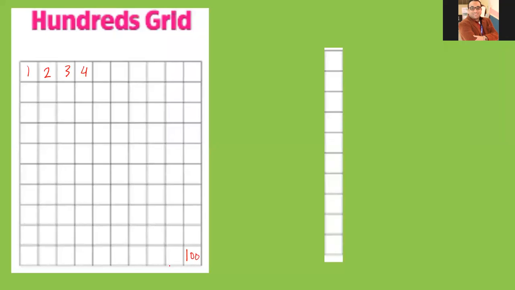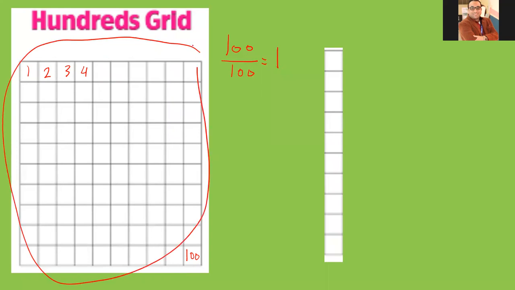So we call it the hundredths grid. When we divide 100 over 100, it gives us 1 as a whole. So this is 1 grid, not 2 grids; it is just 1. If we divide 100 over 100, we get 1 as a whole.